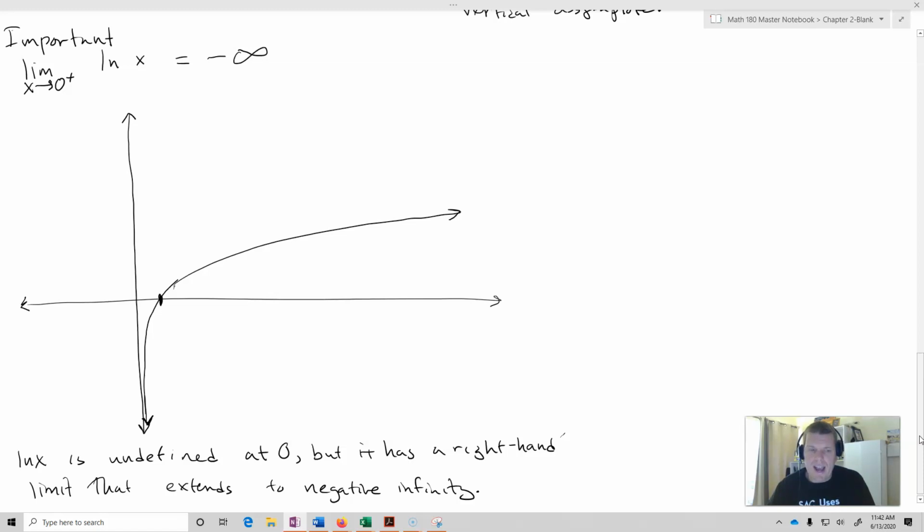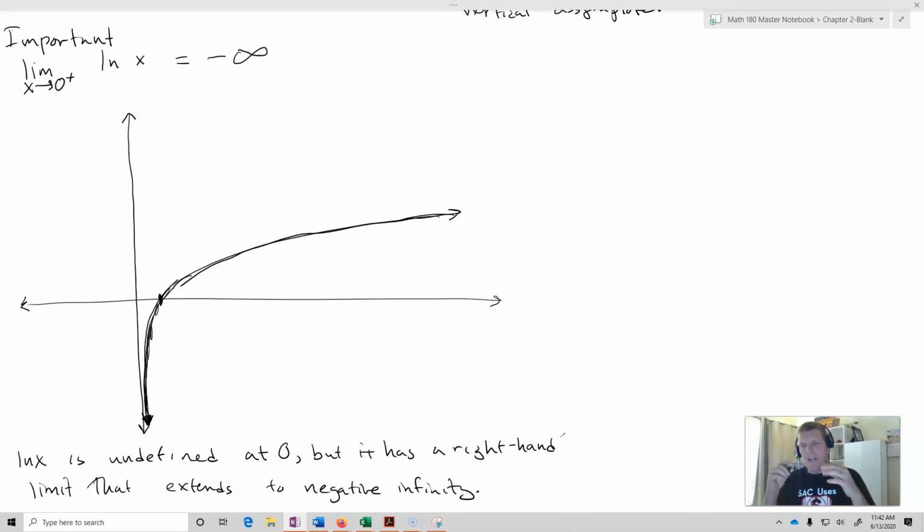Now, natural log of x is undefined at 0, and it's also undefined for anything less than 0. But it does have a limit, theoretically, as x approaches 0 from the positive side, and that's negative infinity. As x approaches 0 from the positive side, we end up getting negative infinity. And that's the limit of the natural log of x.